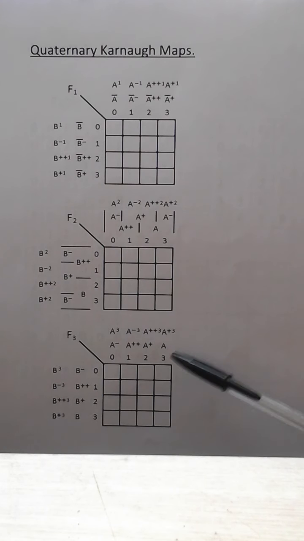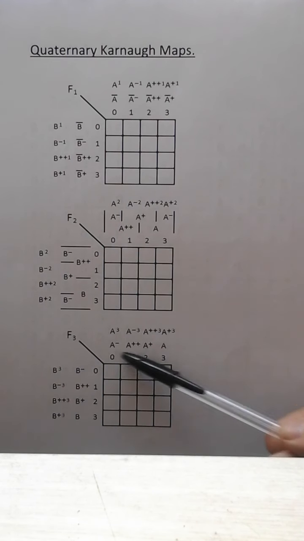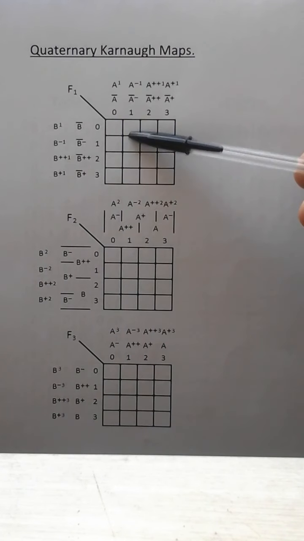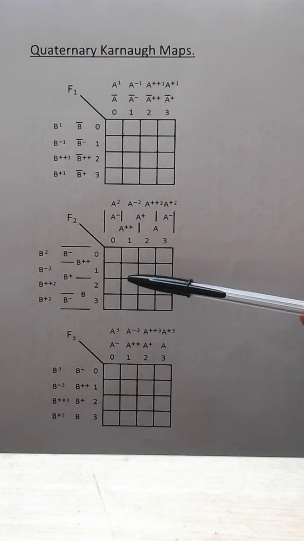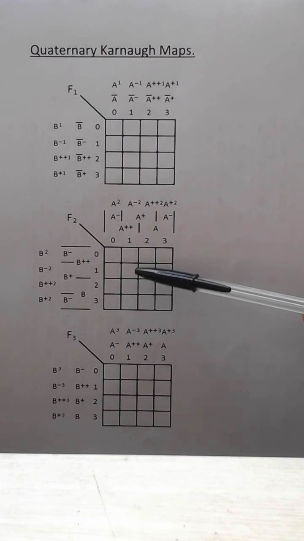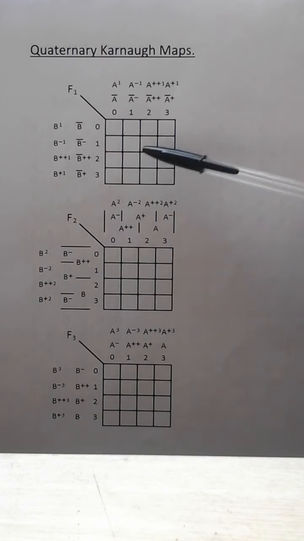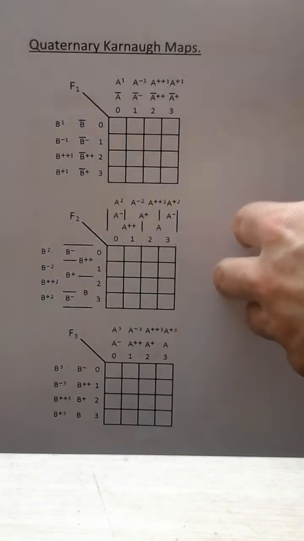If you're using purely four-valued unary operators in F3, the term has to appear in all lower Karnaugh maps, and if you're using purely four-valued variables in F2, it has to appear in F2 and F1, and F1 just sorts itself out. Right, so let's see what we've got.